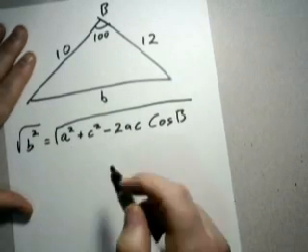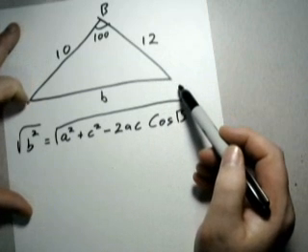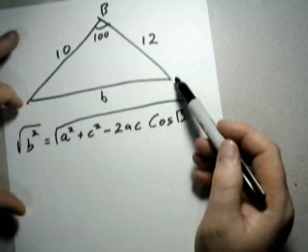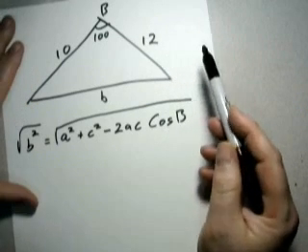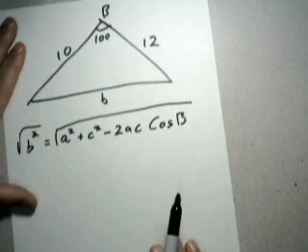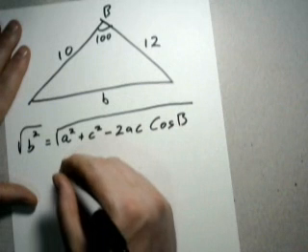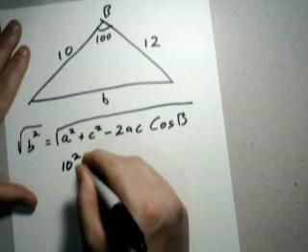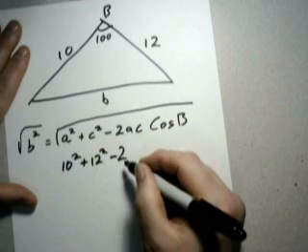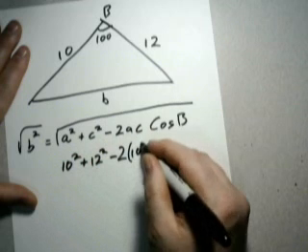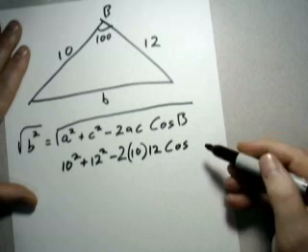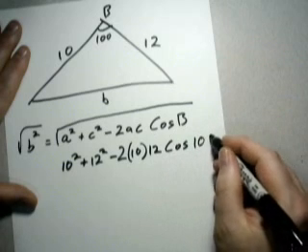Now, I purposely did not put A or C on either one of these, because it doesn't matter which one of these is A, which one's C. So we go with 10 squared plus 12 squared minus 2, that's the constant that's in there all the time, times 10 times 12 times the cosine of angle B, and we know angle B to be 100.